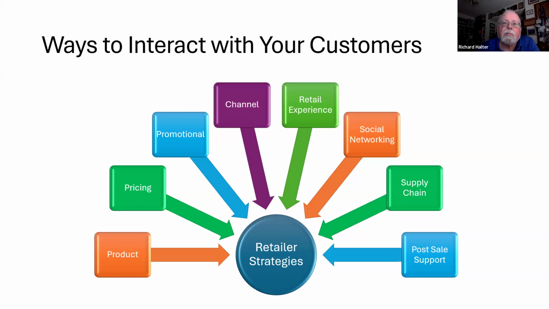And then eventually it became omni-channel, which is the buy online, pick up in the store model. And they all of a sudden realized that they had to integrate those two systems together so that when they called something a blue shirt on the internet, it was the same blue shirt that they were selling in the store.